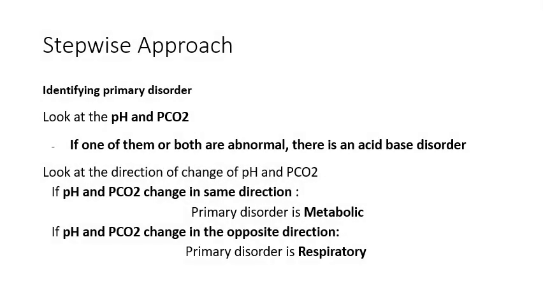If we look at the stepwise approach, there are two things that we should look at. Number one is pH, number two is PCO2. We should look at the direction of their change. If one of them is abnormal, it means that there is an acid-base disorder. How they change determines whether the disorder is acidosis or alkalosis and whether it is respiratory or metabolic.